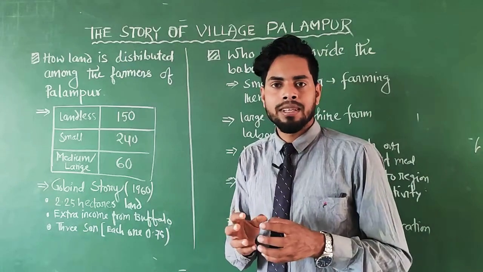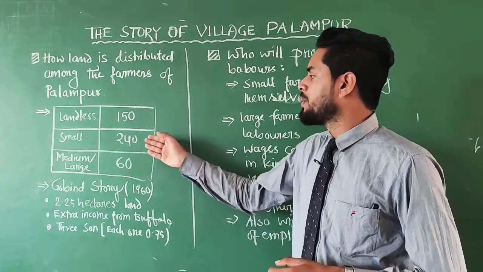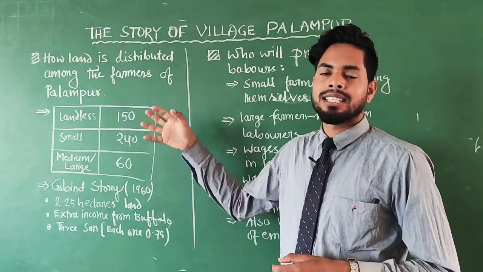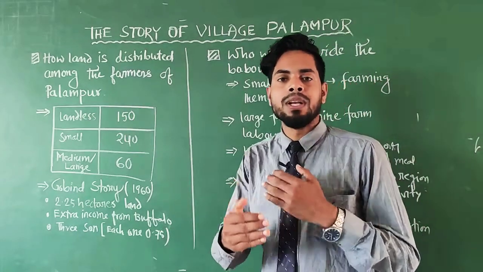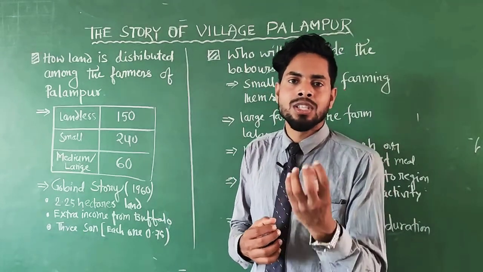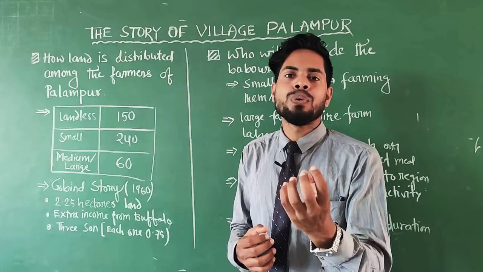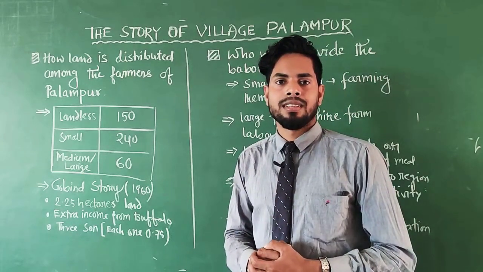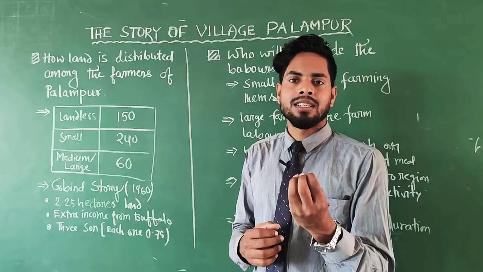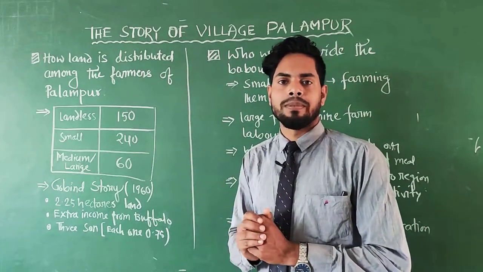So 300 families are left. Out of 300 families, 240 families belong to the small farmers, because they have a small piece of land, less than 2 hectares. Those who have less than 2 hectares of land we refer to as small farmers.